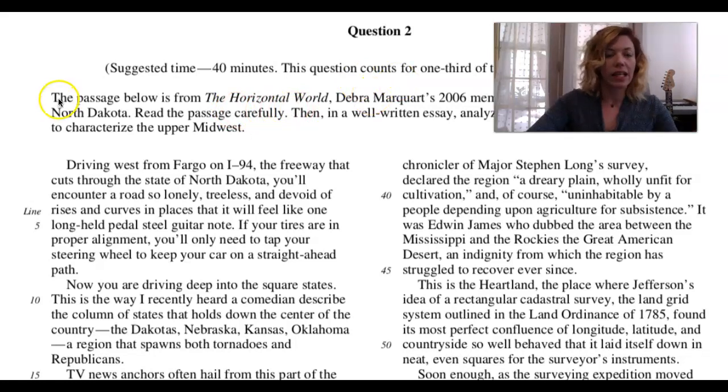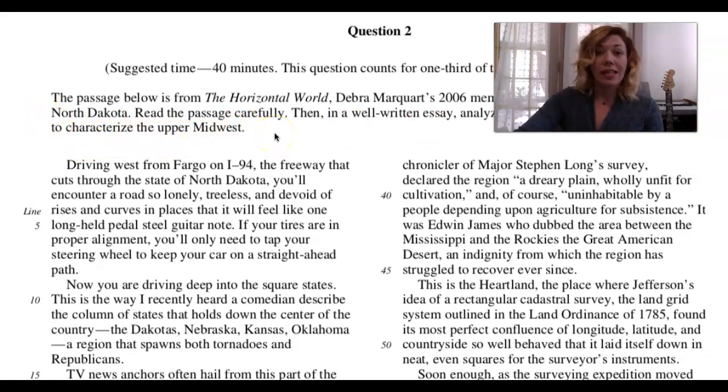And it says the passage below is from The Horizontal World, Deborah McCart's 2006 memoir about growing up in North Dakota. Read the passage carefully. Then, in a well-written essay, analyze the strategies McCart uses, or McCourt, I don't know how to say her name. Apologies to the author. She uses to characterize the upper Midwest.